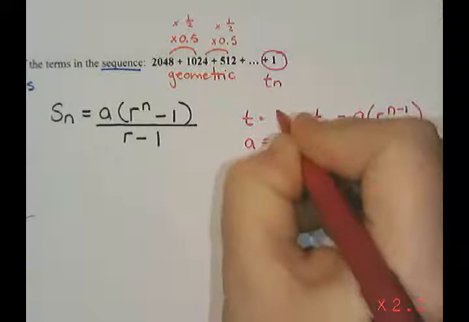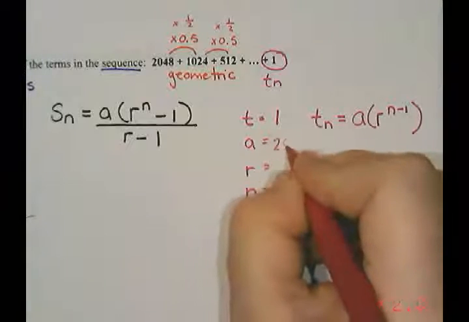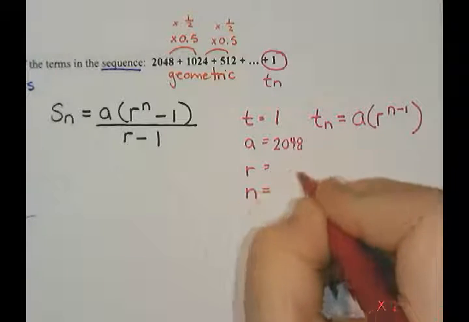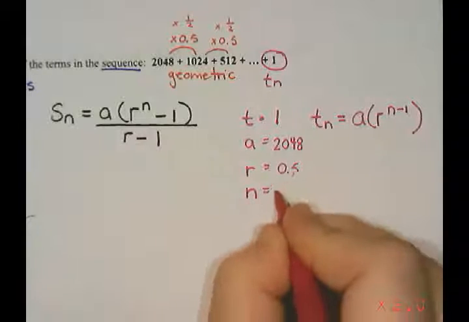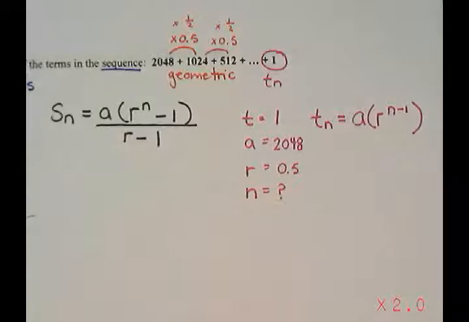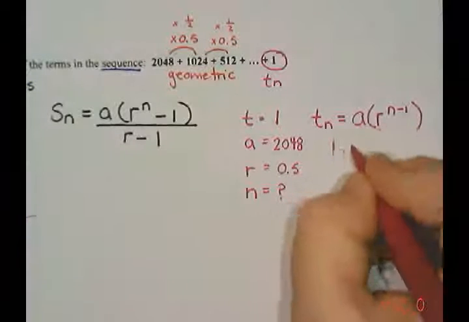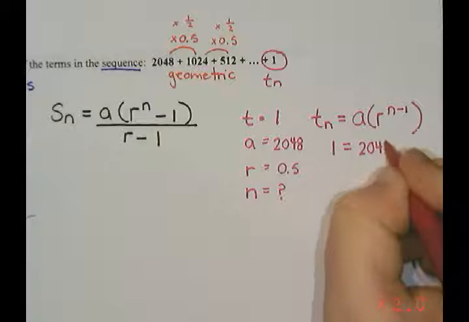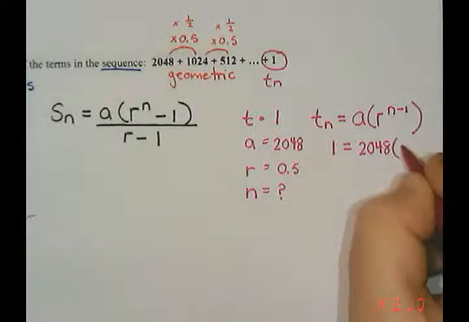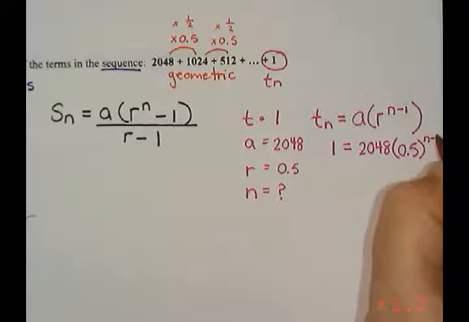So in this case, my term is 1. The first term is still 2048. The R is still 0.5. And then what's missing here is the n. So Tn, which is 1, equals A, so 2048 times 0.5 to the n take away 1.